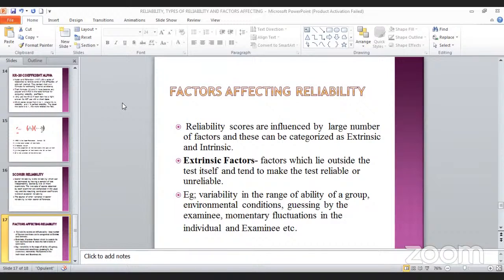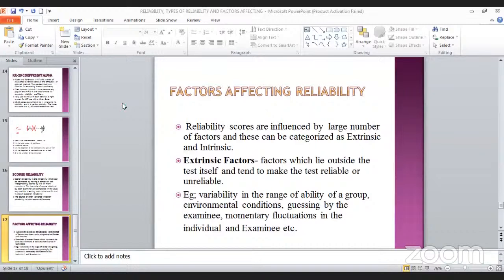Ma'am, would you please clear this one, variability in the range of ability of a group? Okay. Just take a group of examinees, and if we are testing based on their homogeneity of ability, we know that individuals have different kinds of abilities, right?